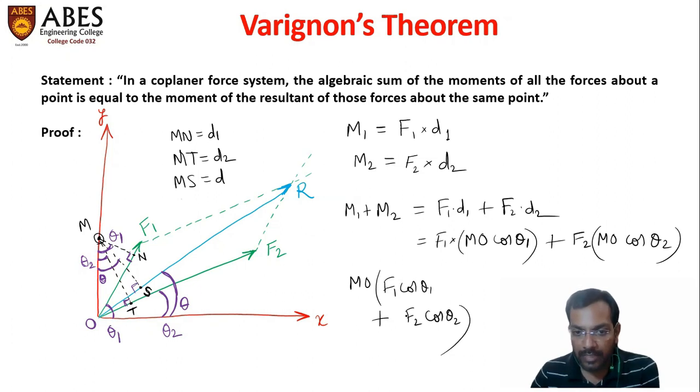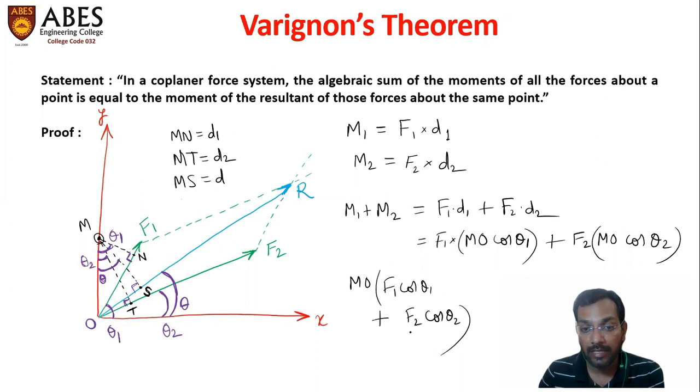Now please observe this bracket part, F1 cos theta 1 plus F2 cos theta 2. What is this? This is clearly indicating the summation of the horizontal components of these two forces. This is the horizontal component of the first force, F1 cos theta 1, and this is the horizontal component of the second force, F2 cos theta 2. Adding up these two components provides the horizontal component of the resultant of these two forces.